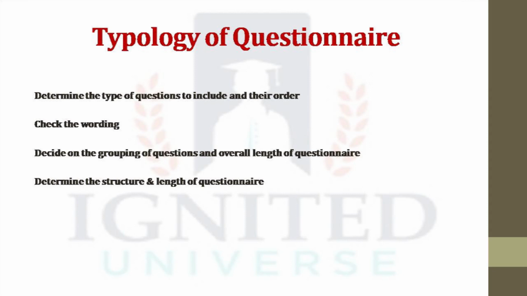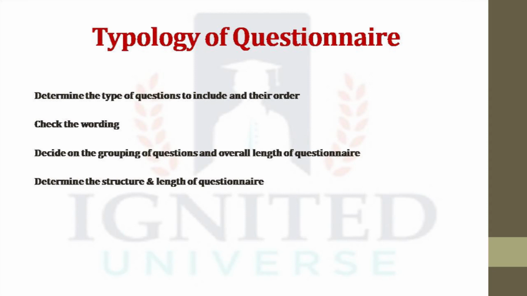The words used in the questionnaire should mean the same thing to all those who are answering that questionnaire. For example, consider the question: how often do you visit a store? Never, occasionally, sometimes, often, or regularly. Now, this question has a lot of words that are subjective and relative in meaning.